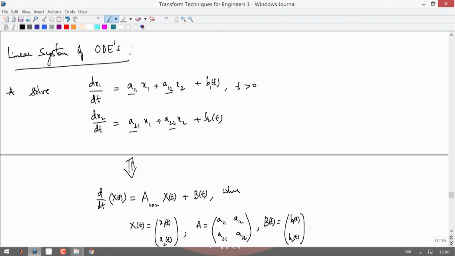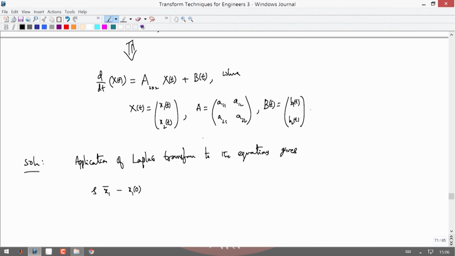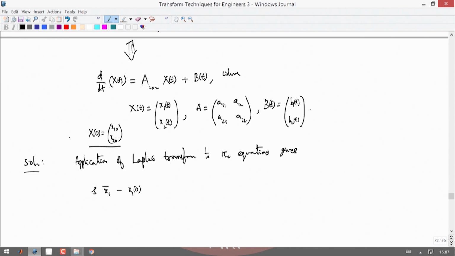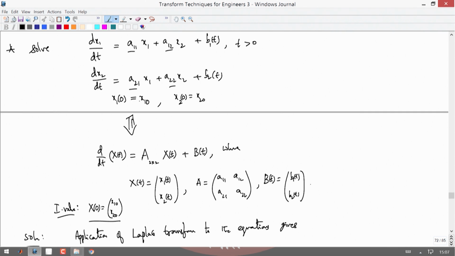That means x1 at 0 is, let us say, x10, and x2 at 0 is x20. If you consider x at 0, it is actually the vector x10, x20. So these are the initial values, given as a vector.